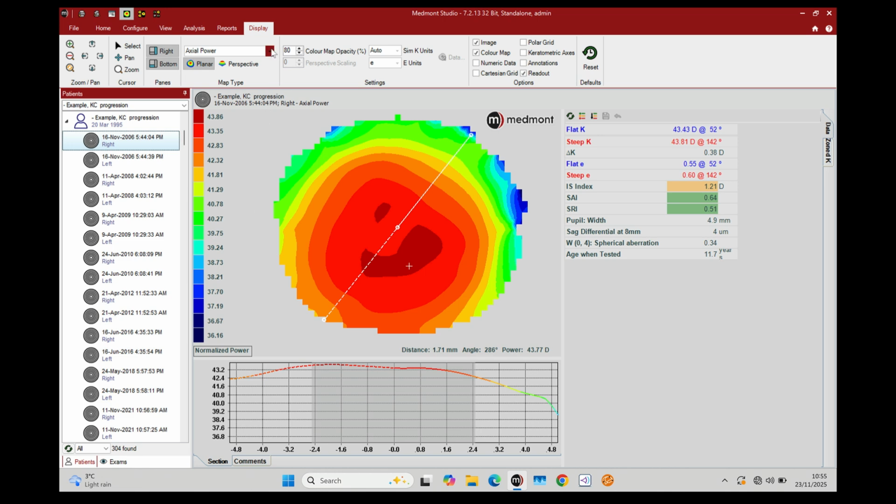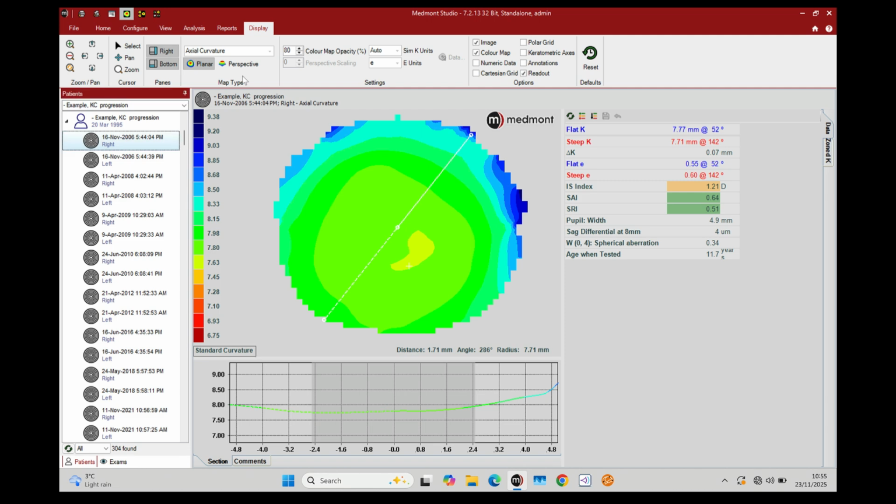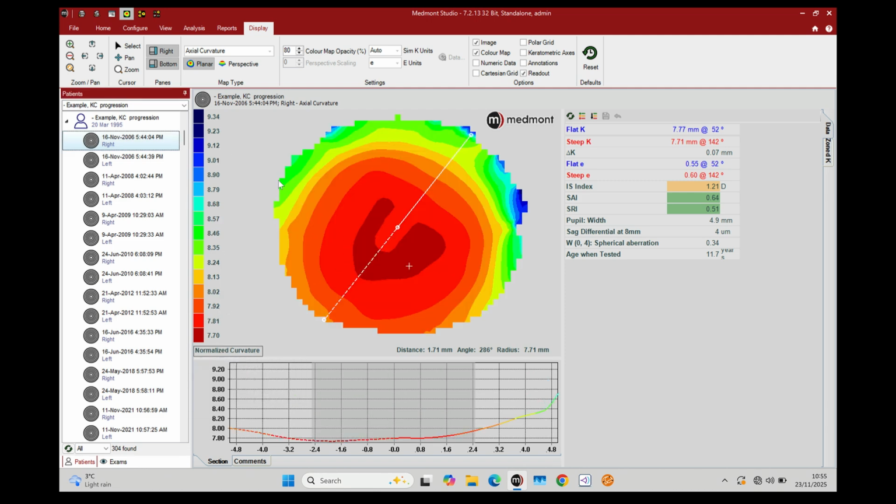If we were to look at that in millimeters, so let's go to axial curvature, so we've got the scale to millimeters. You can see that's 7.70. So K's were 7.77, K max is 7.70. So the Medmont will automatically give you the K max value when you do a normalized scale.